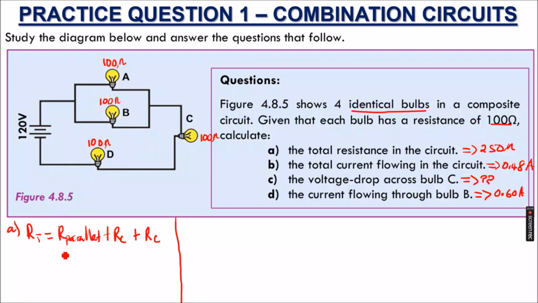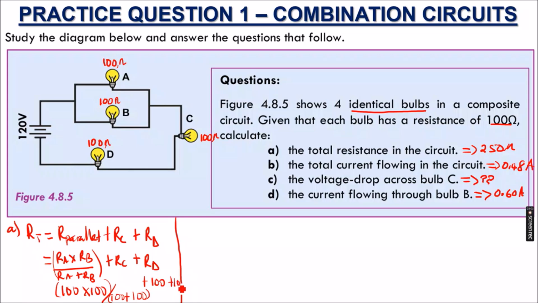Now for the parallel, it's resistance of A times resistance of B divided by resistance of A plus resistance of B, plus resistance of C plus resistance of D. With this, we can now say 100 times 100 divided by 100 plus 100, plus the 100 from RC plus the 100.